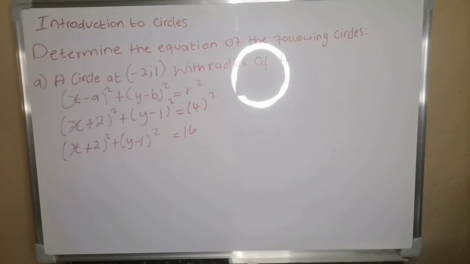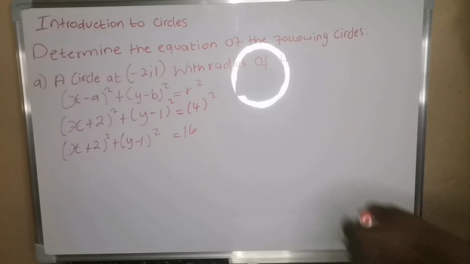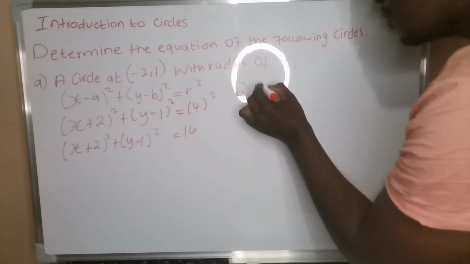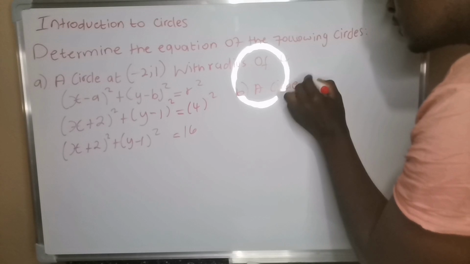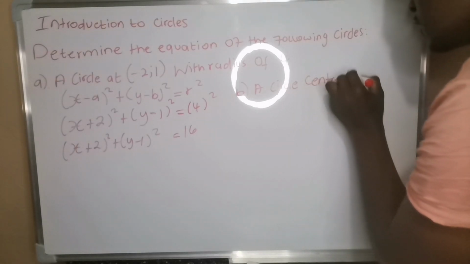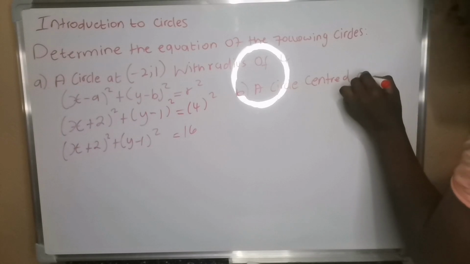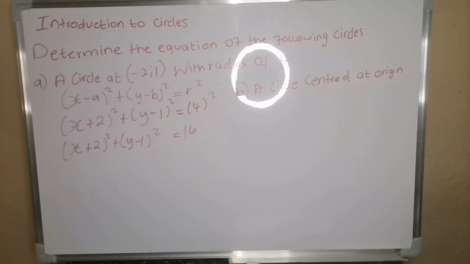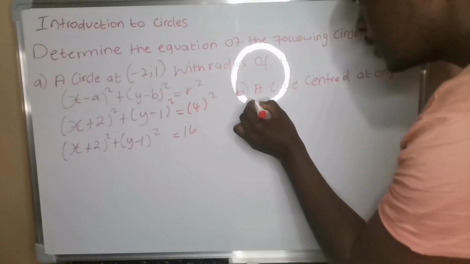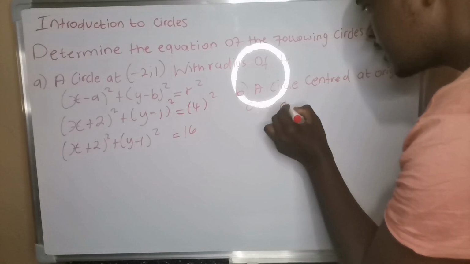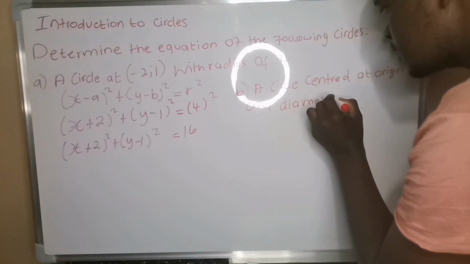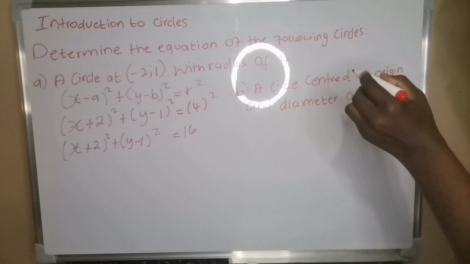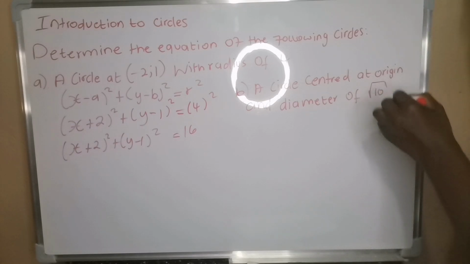I hope you can clearly see. Number B: a circle centered at origin and diameter of square root of 10.